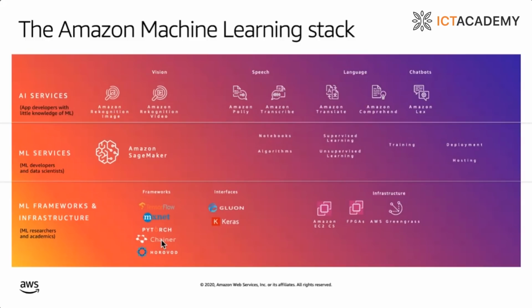You don't have to do a lot of repetitive stuff, but can focus primarily on ML and nothing else. The bottom layer is really for those hardcore machine learning researchers who really want to do the tinkering and understand more about the framework and do something really interesting at that layer. Okay, so that's the machine learning stack.